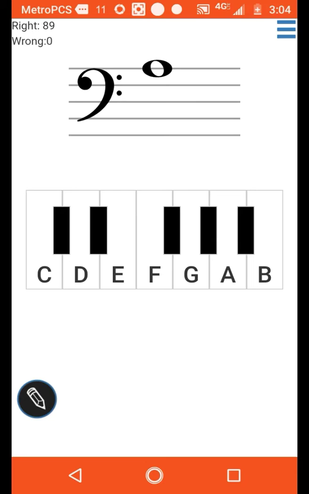E, A, F, A, B. No, that was a leading tone for C. Okay, E, C, F, A, B, and then D, C. And there's C down, and that's a G.